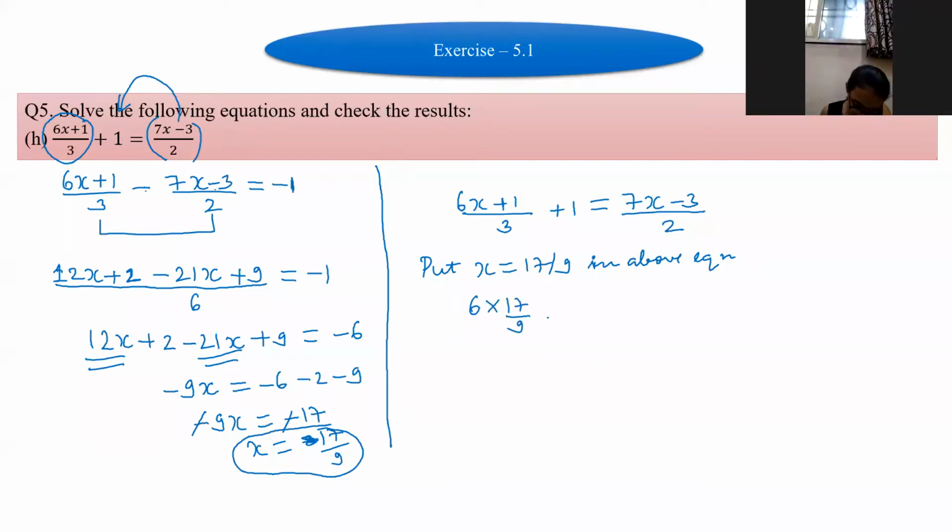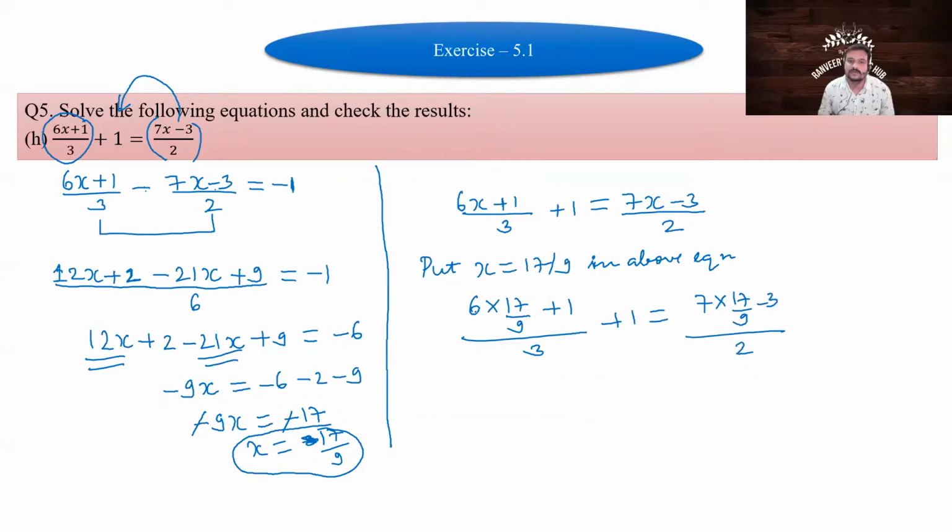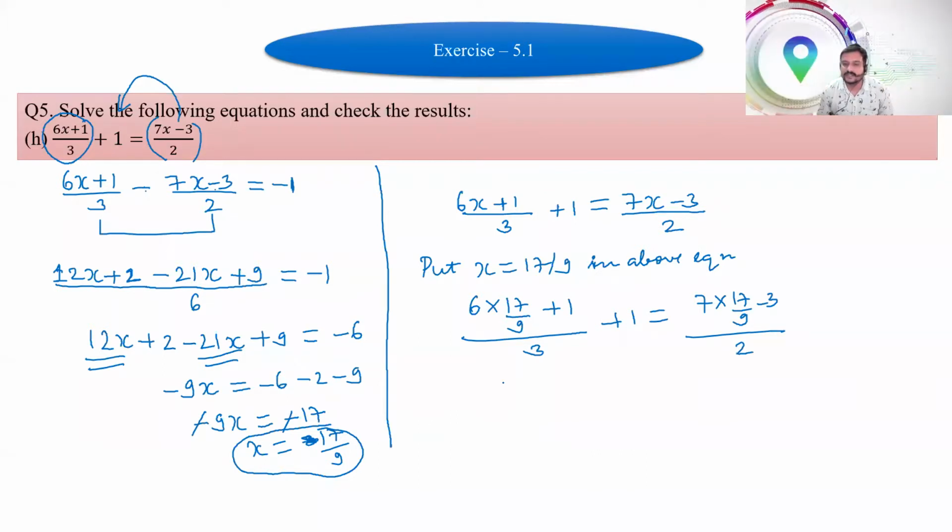Okay. Now we will put the values first. That is 6 in bracket 17 upon 9 bracket close, plus 1, upon 3, plus 1 is equal to 7 in bracket 17 upon 9 bracket close, minus 3 upon 2. So what is 6 multiplied by 17?